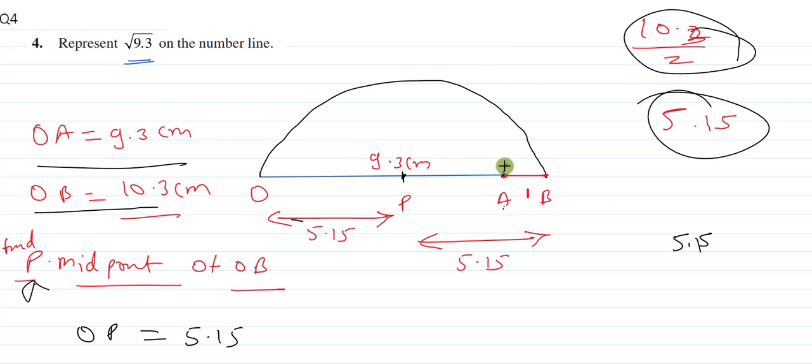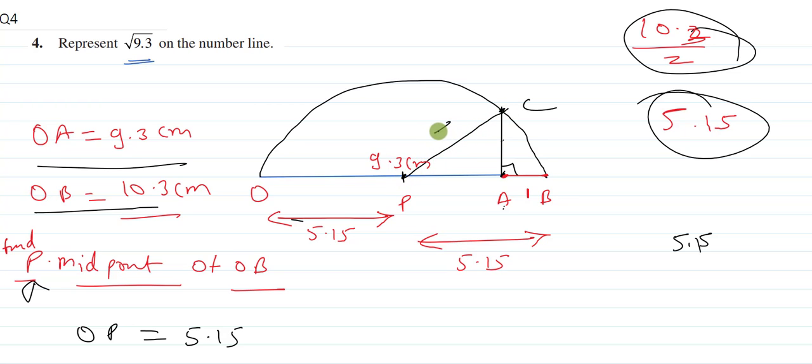Now draw a perpendicular at point A. It intersects the semicircle at a point, let's call it C. Join this distance PC.